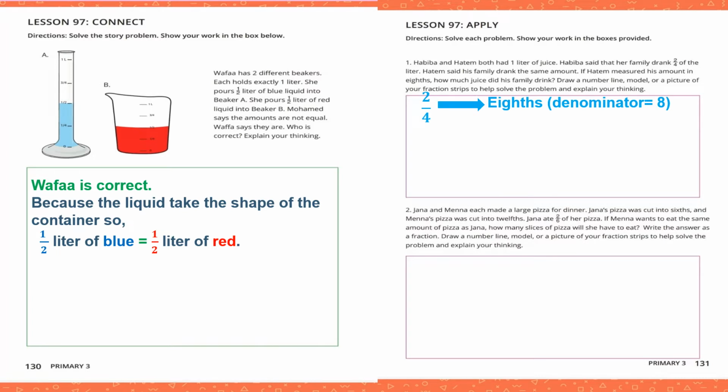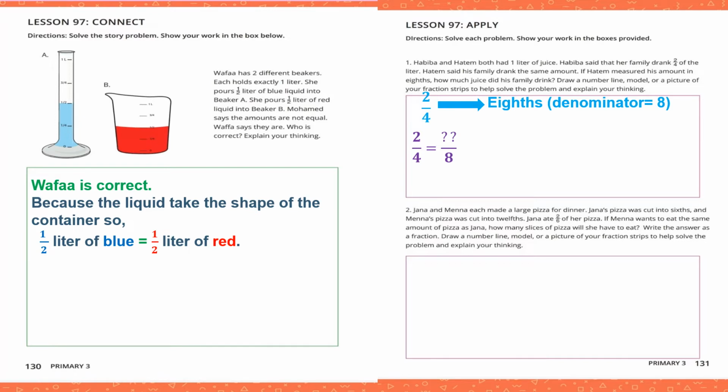So her family drank 2/4 and his family drank the same amount. But in eighths, it means denominator equals 8. So I need to know 2 over 4 equals how many eighths? What over 8? 4 became 8.